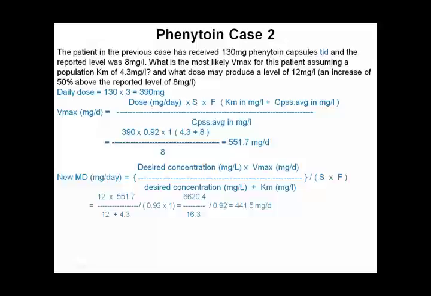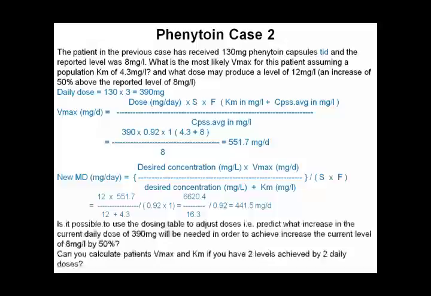If the dose is 400, not 390, then multiplying it by 15% will give me 60 milligram extra. 60 over 390 gives me 450. That's an approximate number that I can come up with.